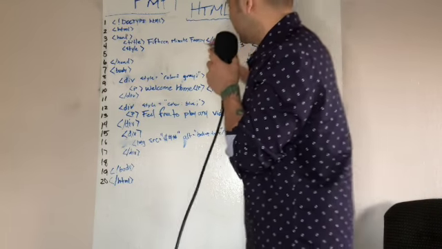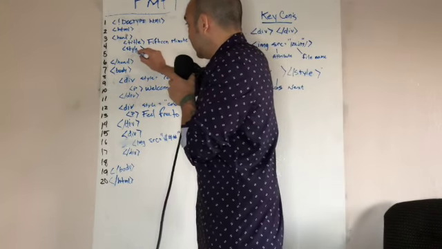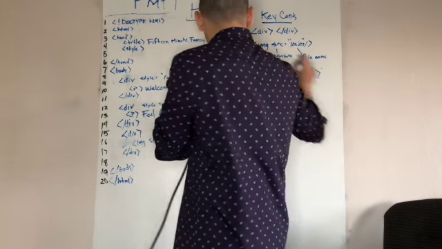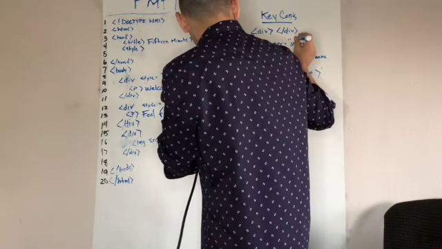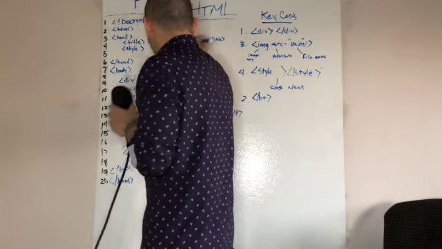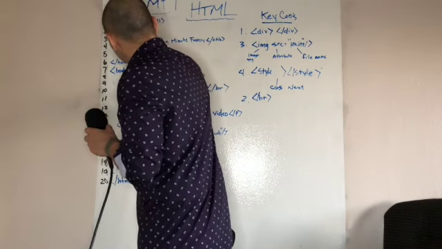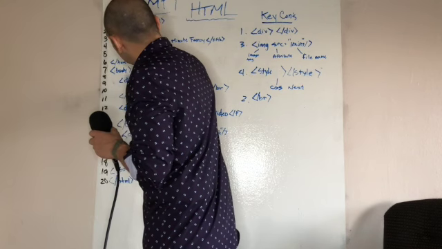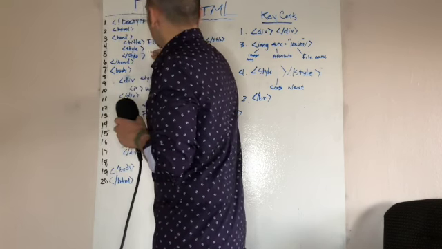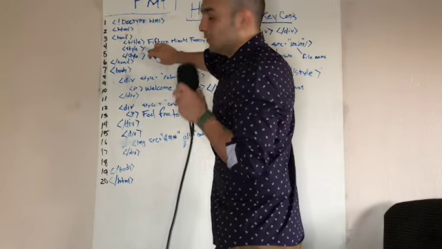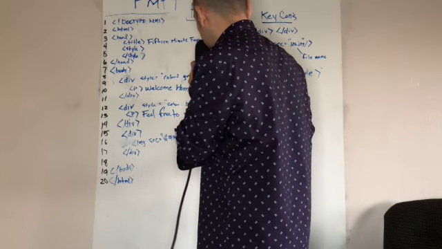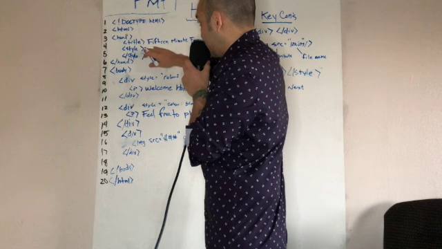Second way is to include all your styles here in the head. It'll be style, and then you'll have a closing style as well. But inside this style sheet is where you can include your CSS if you decide to have it in the head.